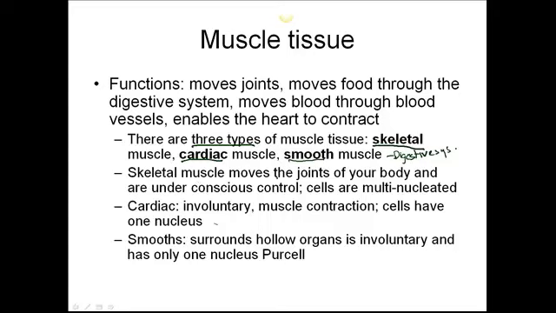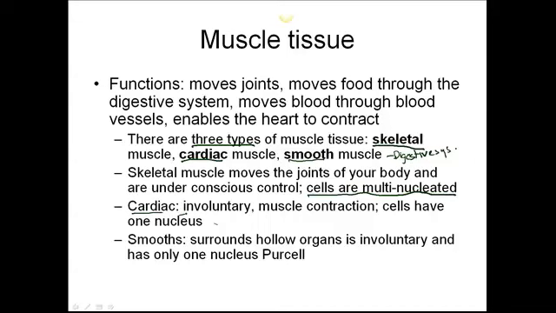So skeletal muscles move the joints of your body and are under conscious control, and the cells are multinucleated, and the reason for that is because the cells are as long as your entire muscle. So if you're a very tall person like Shaquille O'Neal, you could have a muscle cell that's longer than 2.5 feet in certain muscles.